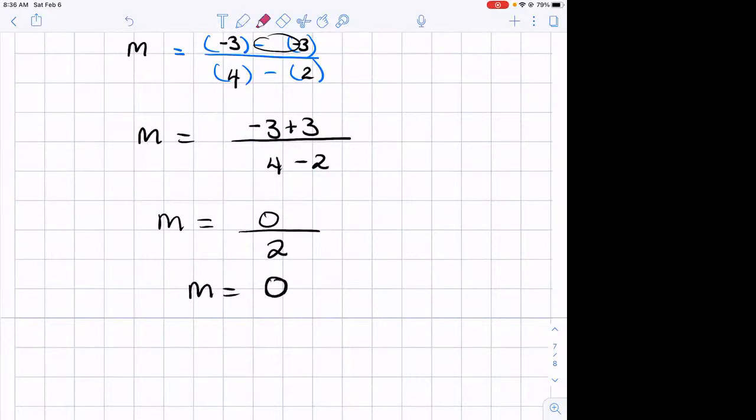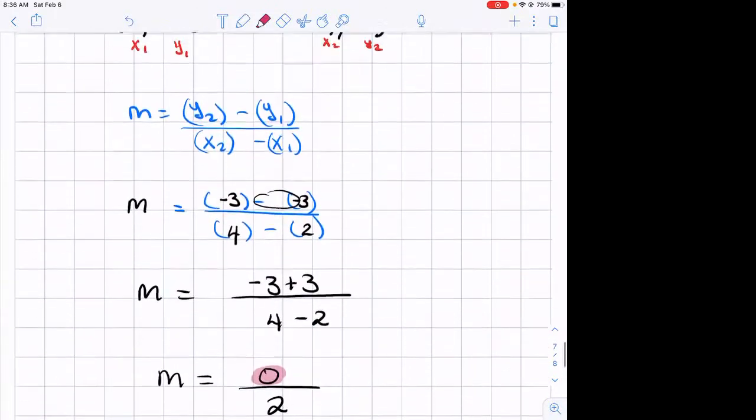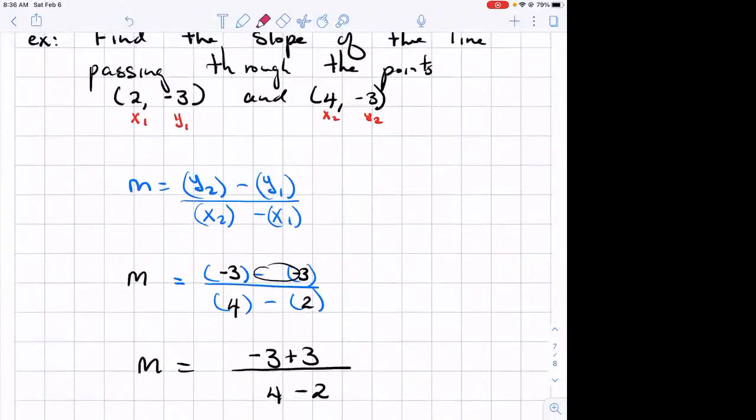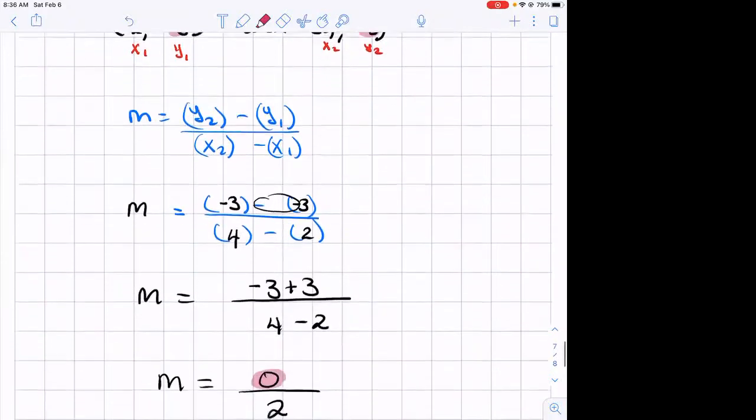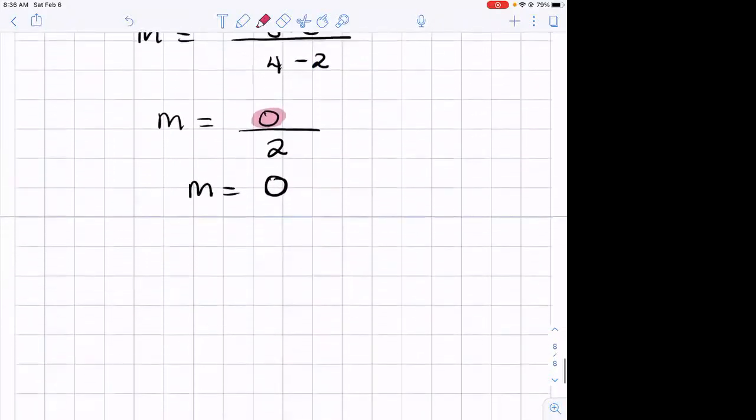So notice that in this case, 0 is in the numerator. Okay? And notice on my points now, the y values were the same as before in my last example. The x values are the same. So when the y values are the same, automatically you should know that this line has a 0 slope.